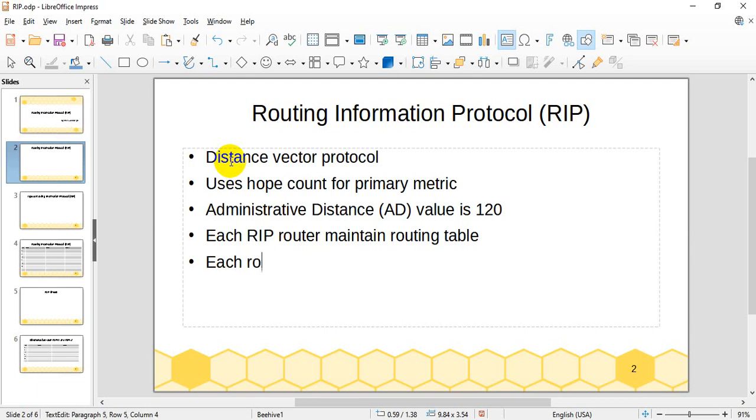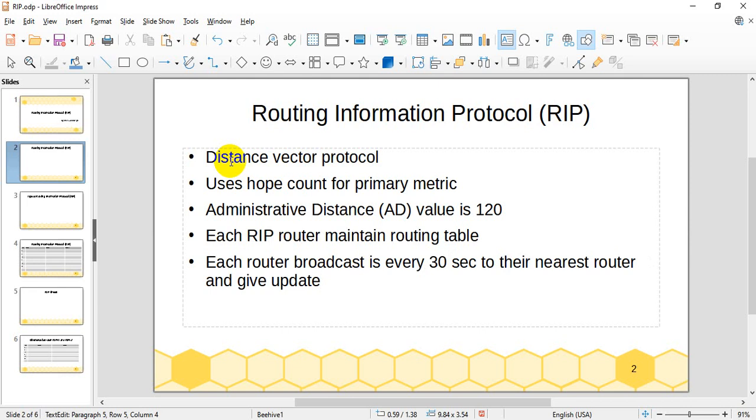Each router broadcasts every 30 seconds to give the update to the nearest router, whether in that path any new router has been added or not, or whether any path between two routers is broken or not.